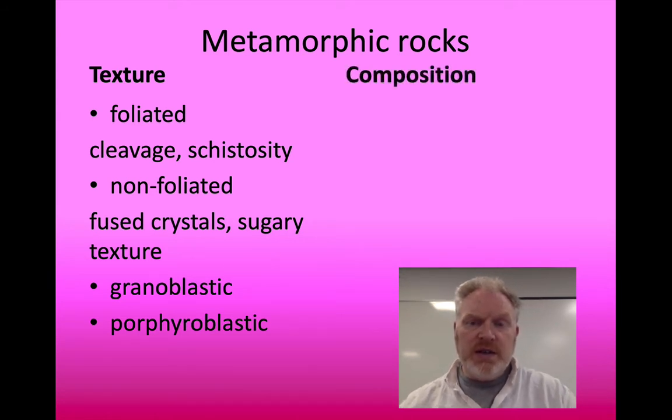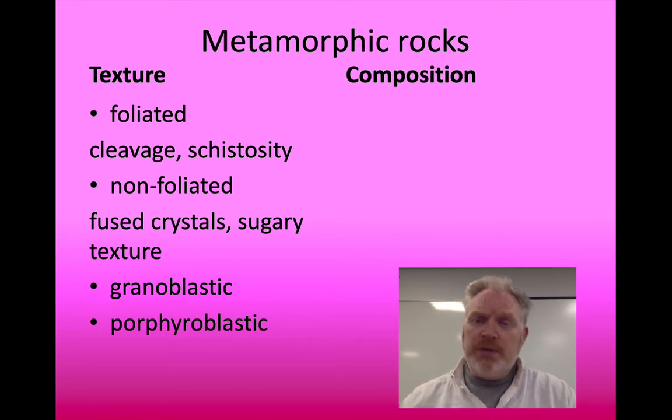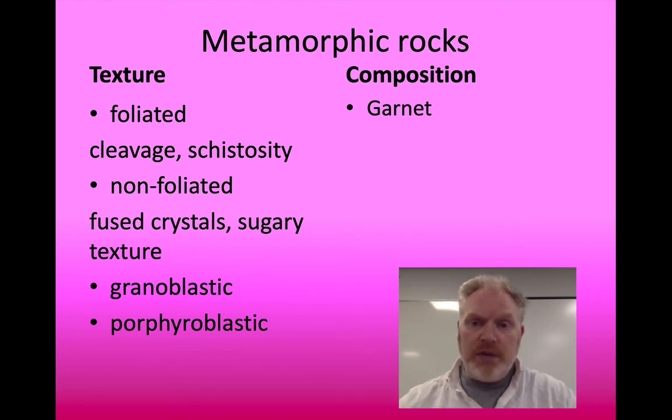We also need to consider composition. Now, the composition doesn't work in the same way as, say, in an igneous rock, or even a sedimentary one, because for a metamorphic rock, composition is often determined by the parent rock material. But there are some fairly distinctive minerals. Garnet is exclusively a metamorphic mineral.